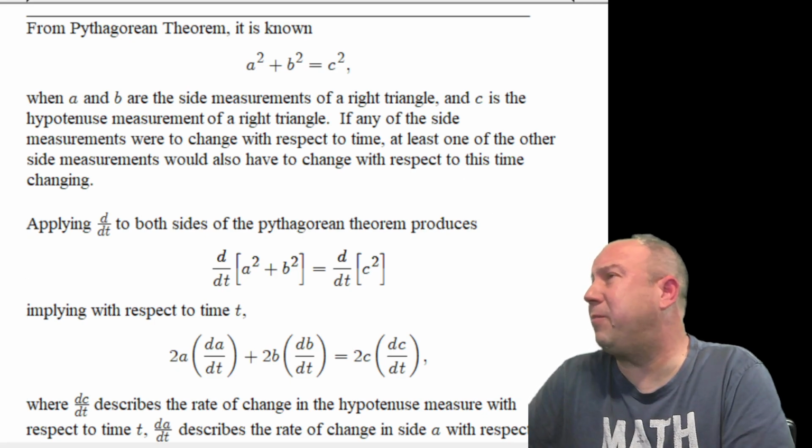Again, it's going to take practice, folks. That's really the only way you get better at these, is testing yourself, starting off with some simple cases and working your way up through the tougher ones. Kind of like I did here, starting off with circumference, and then looking at the area of a circle, and then coming down here and looking at the Pythagorean theorem that involves a relationship between more than two variables.